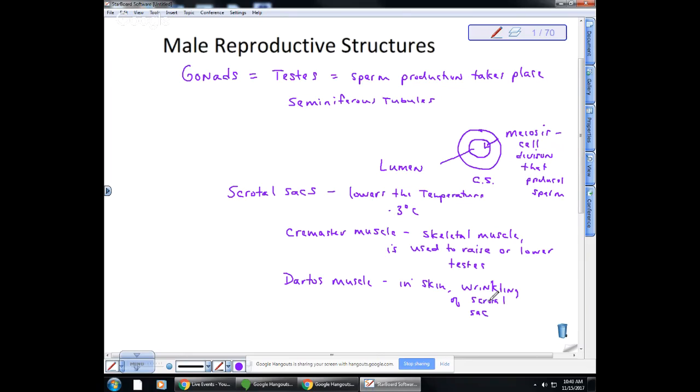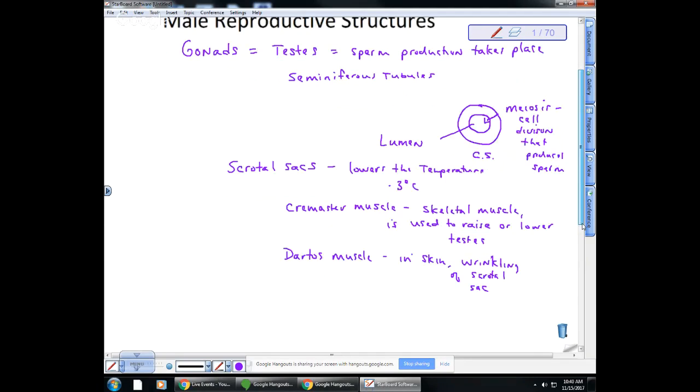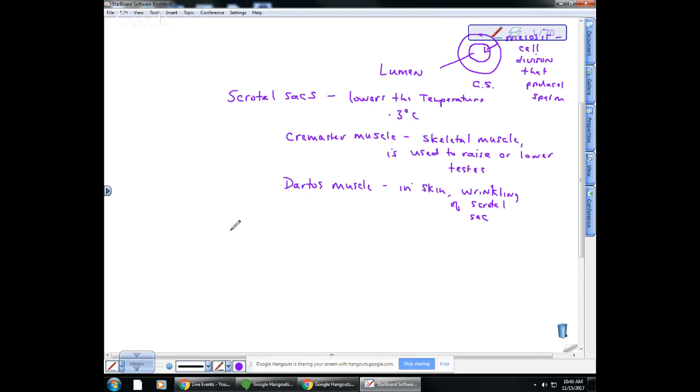Okay, when we look at the scrotal sac, we have what is called a spermatic cord. And the spermatic cord contains all the vessels, including the blood supply, the blood vessels. It includes the nervous supply to the testes, and it includes lymphatic supply to the testes, and it also includes the vas deferens.